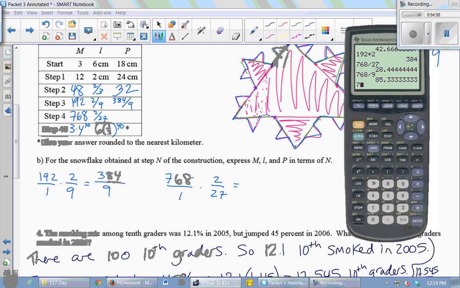No. 256. Okay, so 3 goes into 27 9 times, and it goes into 768 256 times. It's just handy to reduce before you multiply. So we do 256 times 2, we get 512. 1 times 9 is 9.